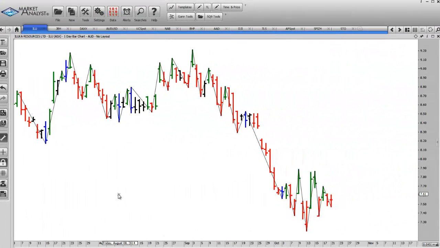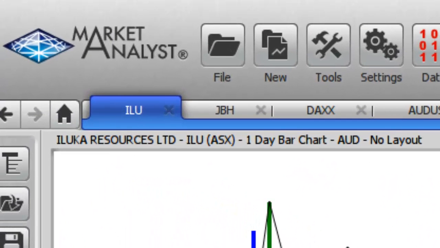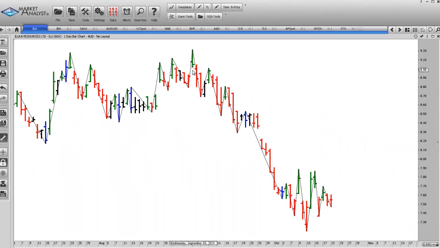Let's have a look at an example of the 3 lower top pattern, and this is Iluka Resources, a typical stock. And you can see through here that what we have was a major high here, September 3. Now we had a couple of days down, so the swing chart moved down. Then we had one day up through here, but this only lasted one day.